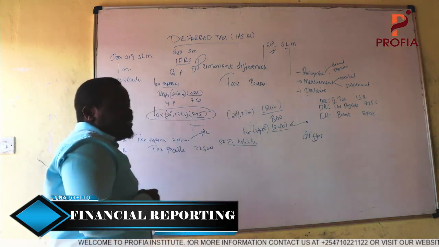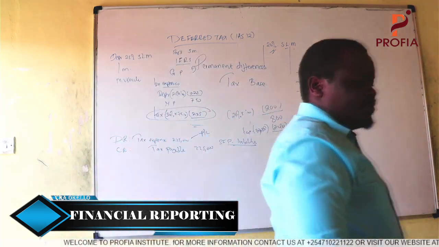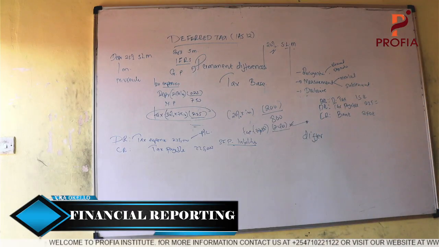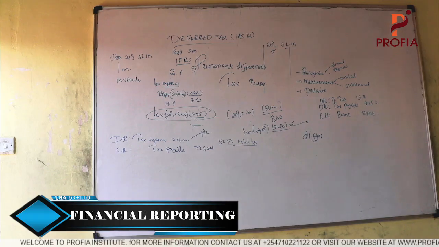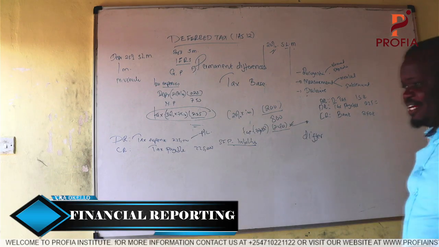So there's another new term there. The new terms are: tax base and carrying amount, okay?